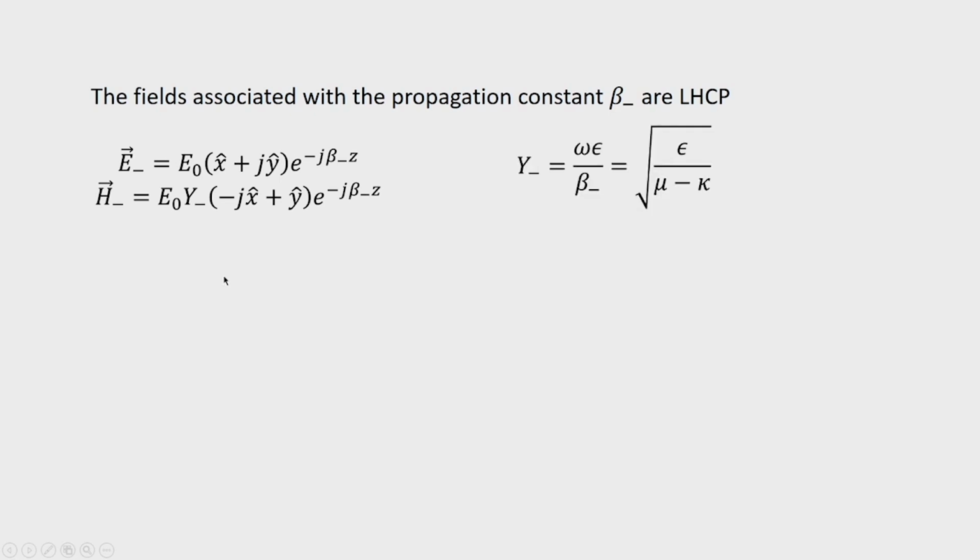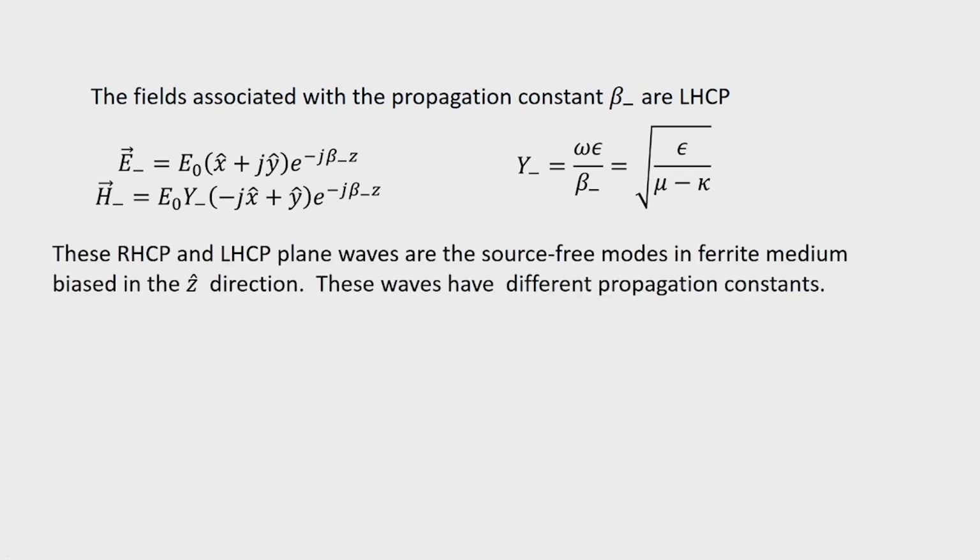The wave admittance y minus corresponding to beta minus is given by root of epsilon by mu minus kappa. These RHCP and LHCP plane waves are the source free modes in a ferrite medium biased in the z direction. These waves have different propagation constants.